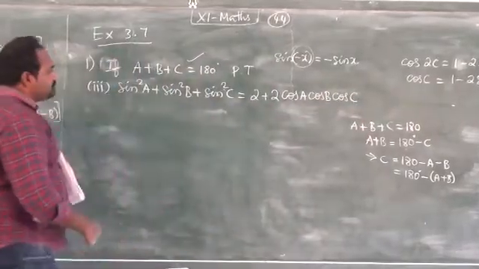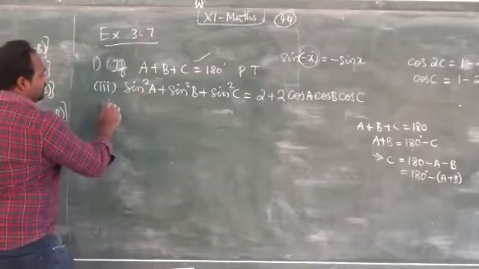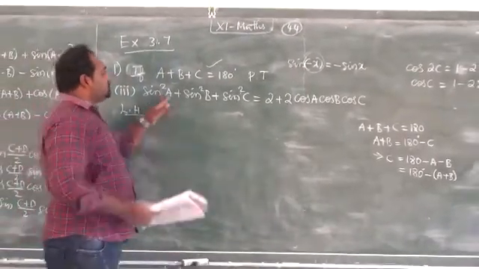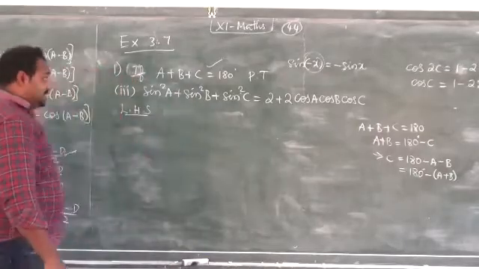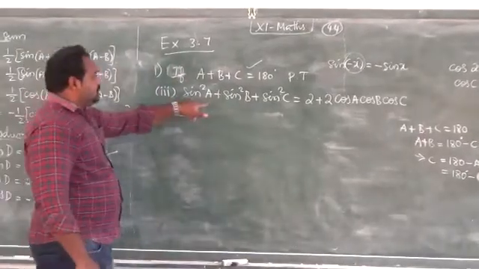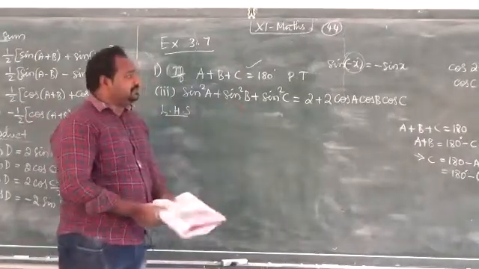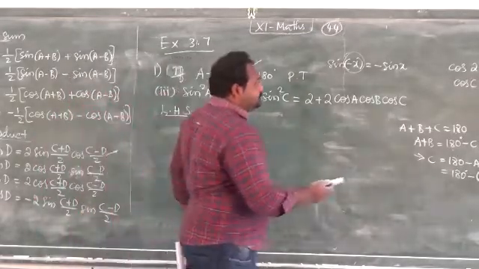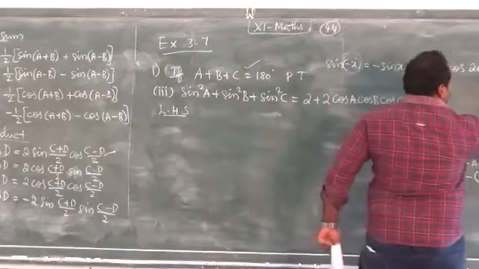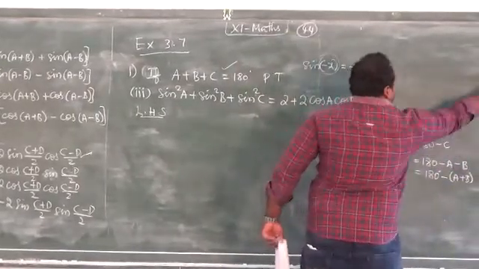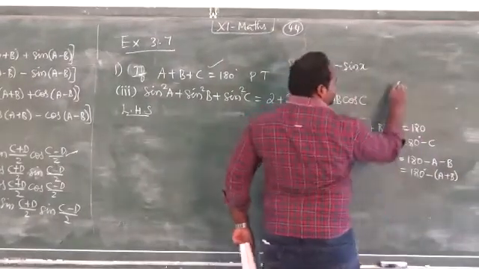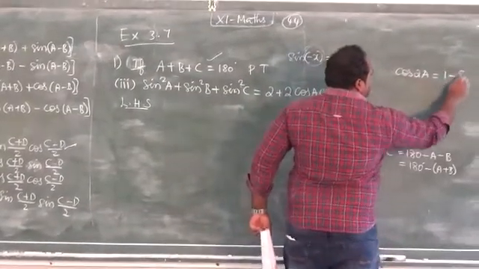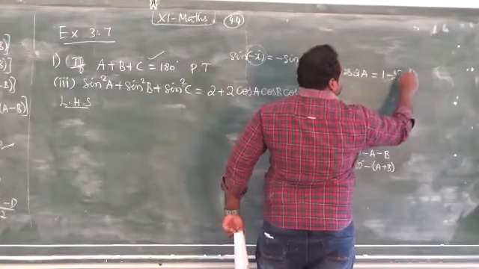See here, take LHS side. Here I am going to have some changes because of the square, we can't use any identities here. So I am going to change the square into some terms. How can we change? We have a formula, cos 2a equals 1 minus 2 sin square a.